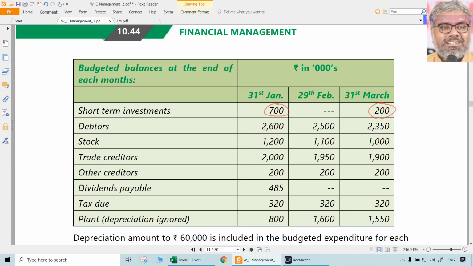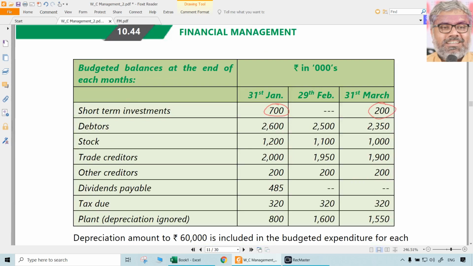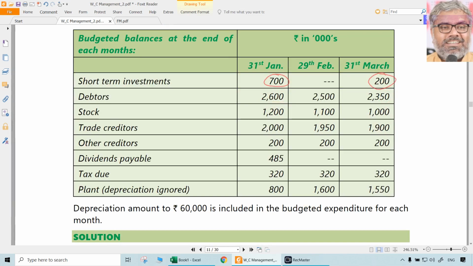Debtors, stock, trade creditors, other creditors. If you see debtors, stock and all, we have to look at them, because a change in debtors will show us the collection from debtors also. For that we need sales, and we need to know how much are credit sales. So that has to be done separately in the working notes. The same logic applies to stock and creditors, both are related to each other.